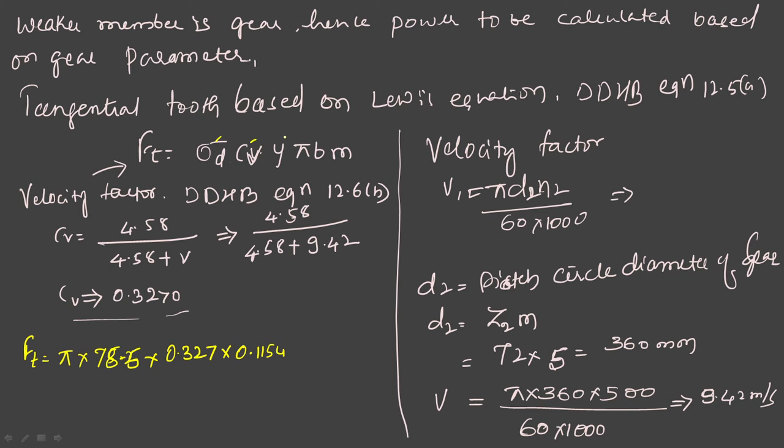Sigma d is over, Cv is over, y2 is over, pi is over, b is given 36, m is given 5. Now you find out Ft. 1675.1187 Newton.